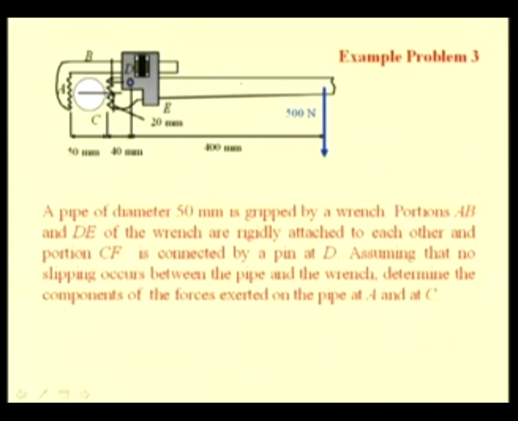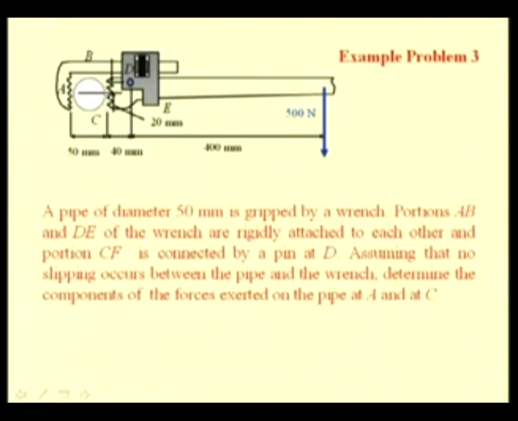We are interested that if a plumber applies a force of 500 Newton, how much twisting moment is generated on the pipe, or what are the reactions at A and C.